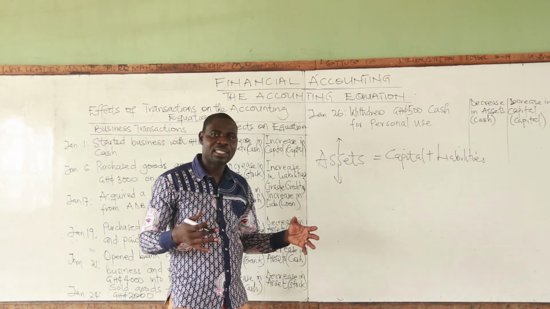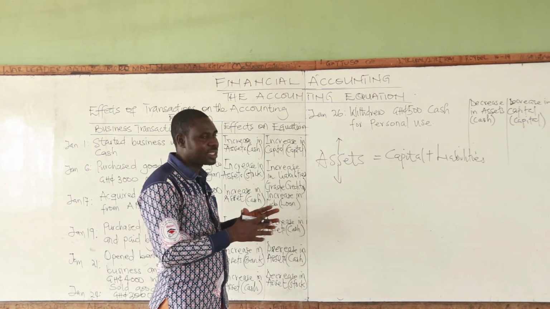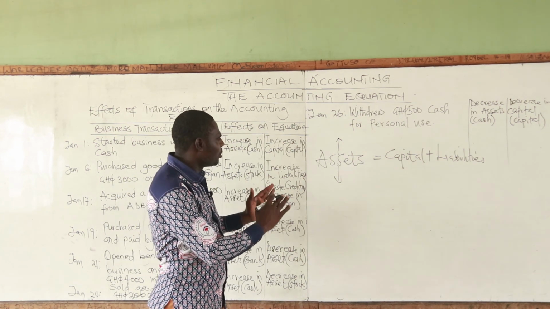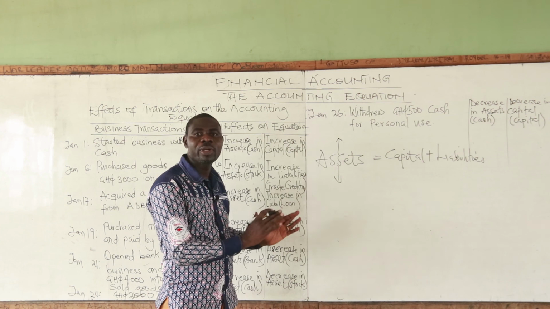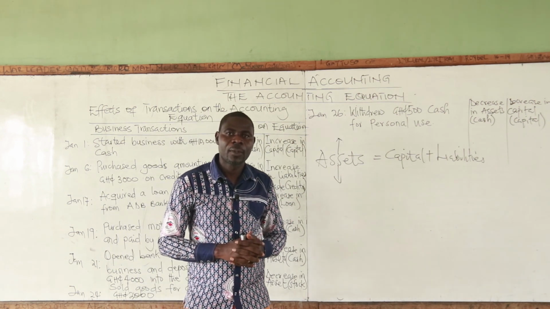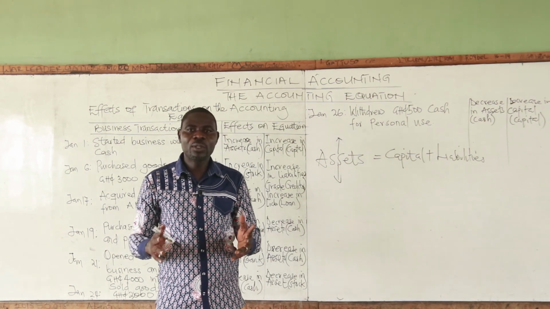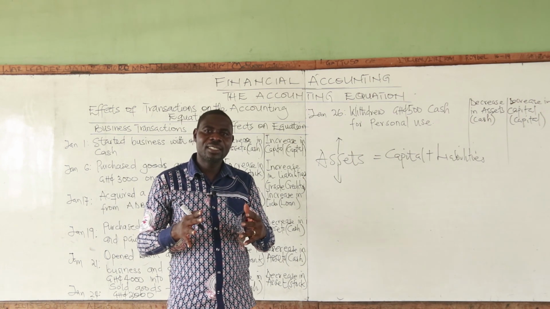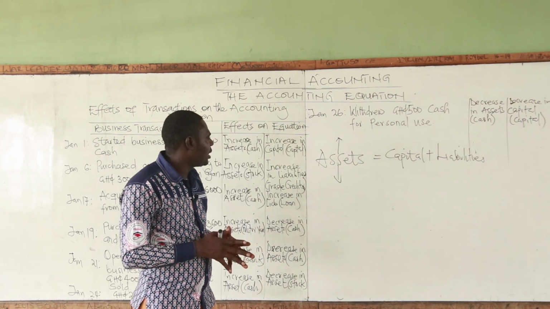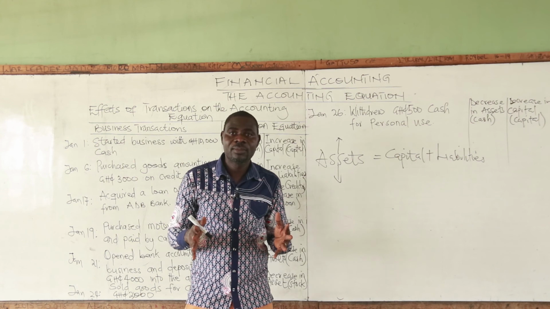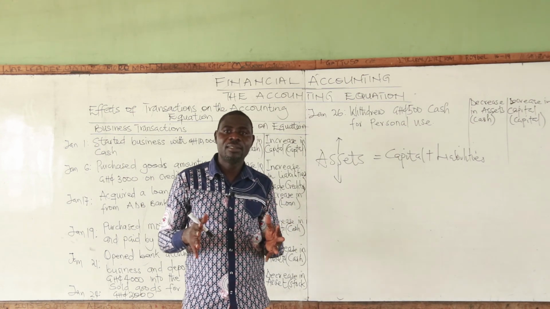So we expect that the accounting equation will still balance. Assets will still be equal to capital plus liabilities. Okay, so having looked at this, now let's look at the transactions in monetary terms.